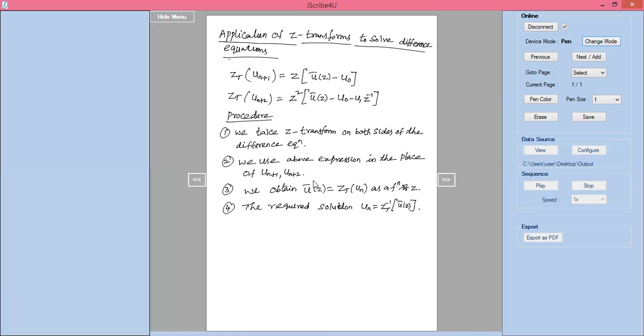For that equation, we will apply Z transform on both sides. Then we will apply this expression in the place of u(n+1), u(n+2). Then we will get u bar of z, for that we apply u bar of z equals Z transform of un. We know that. So now un equals Z inverse of u bar of z. That u bar of z we will simplify by using partial fractions. Right. So we'll see the first problem.